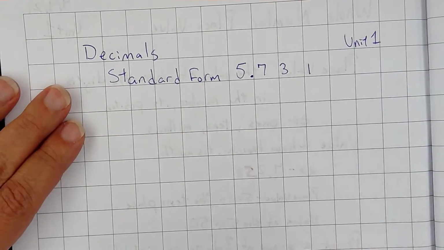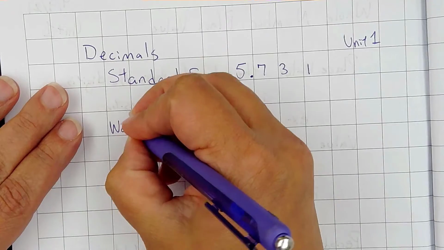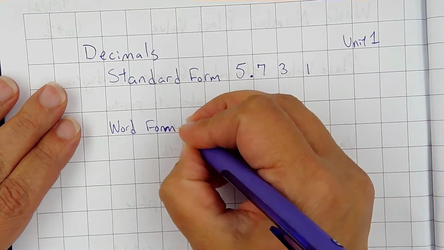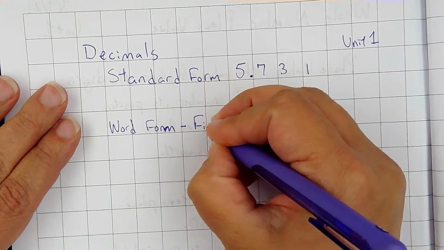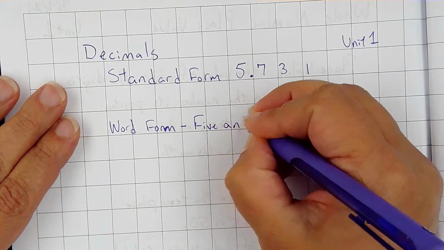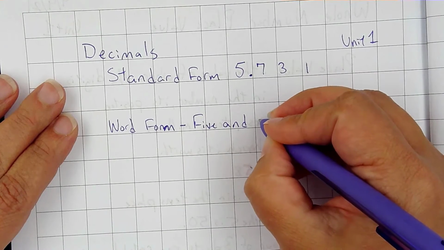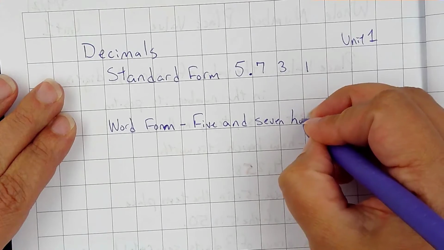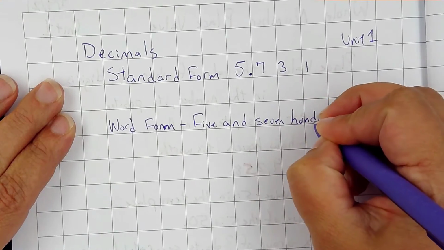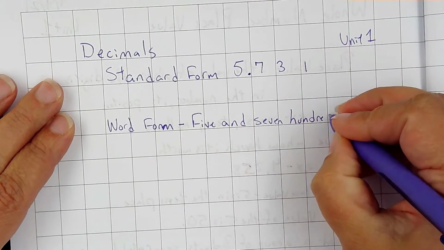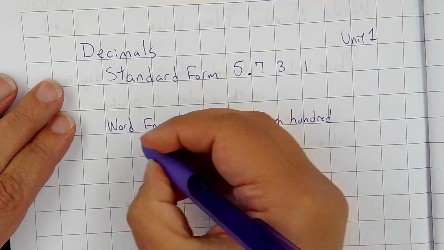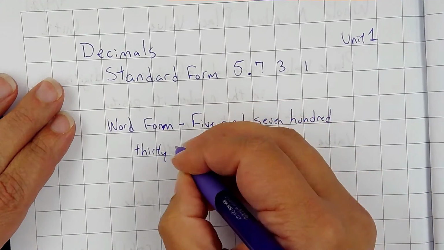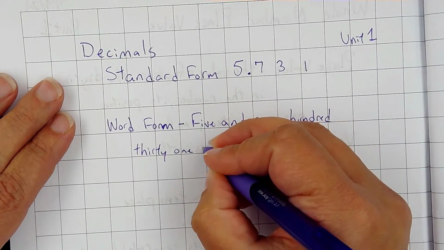So then in word form, I would say 5 and 700, because I went all the way down, 731 thousandths.